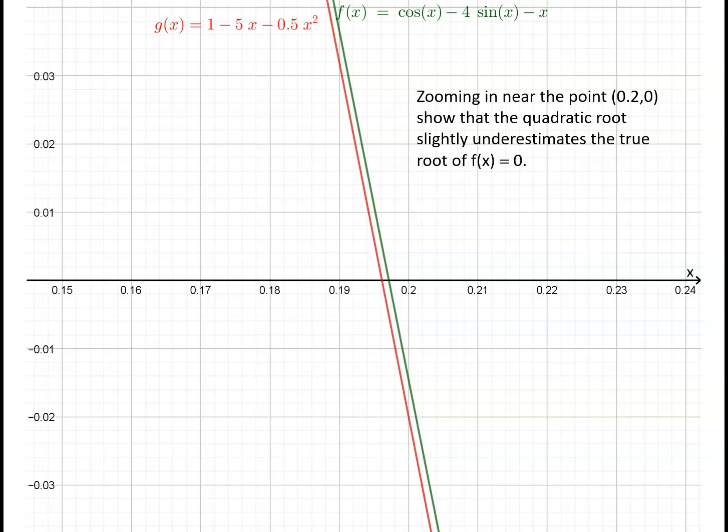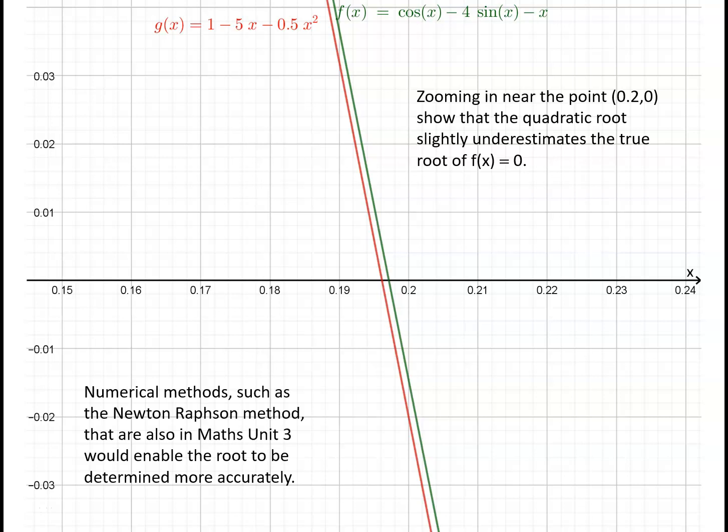So the red curve is 1 minus 5x minus 0.5x squared. Looking at the graph here, we can see that the quadratic root, which was 0.196, slightly underestimates the genuine root of the equation f of x equals 0.